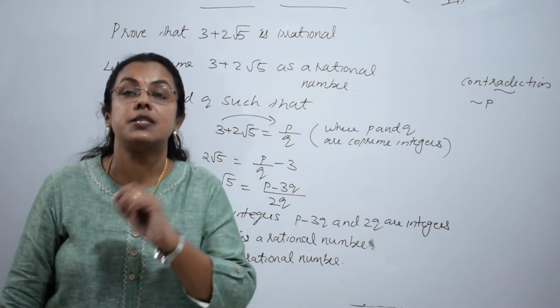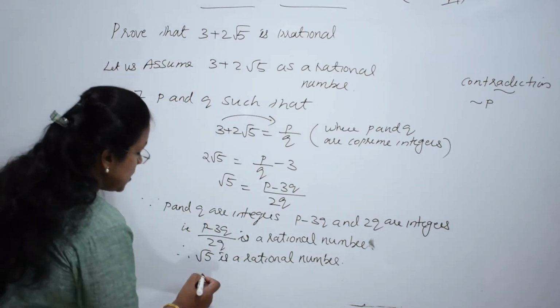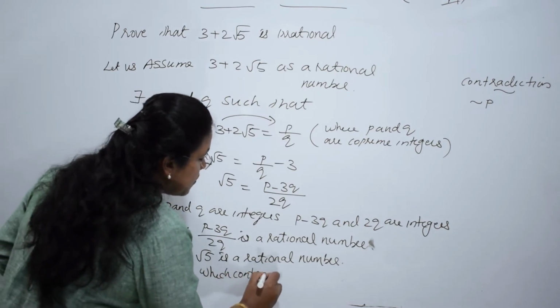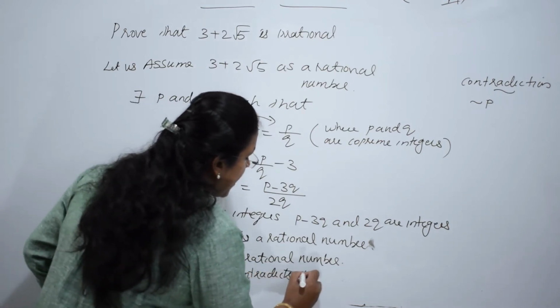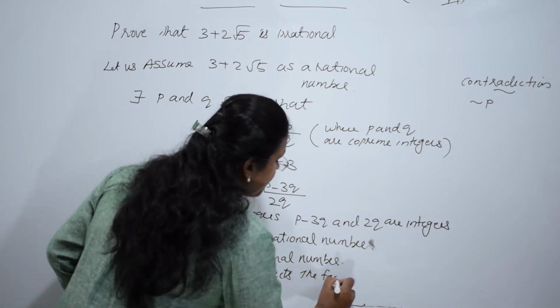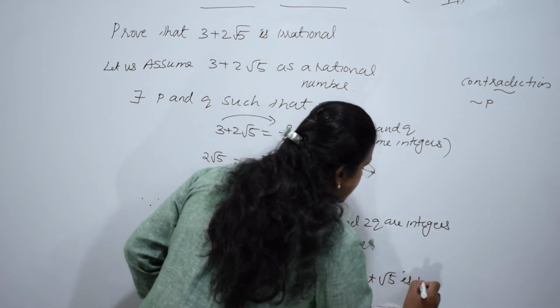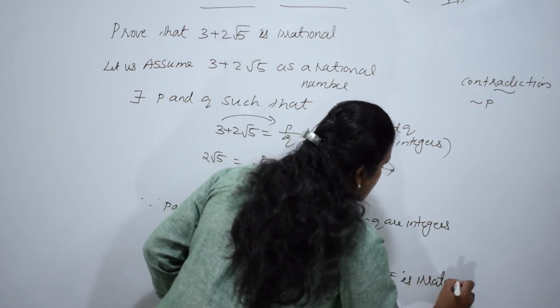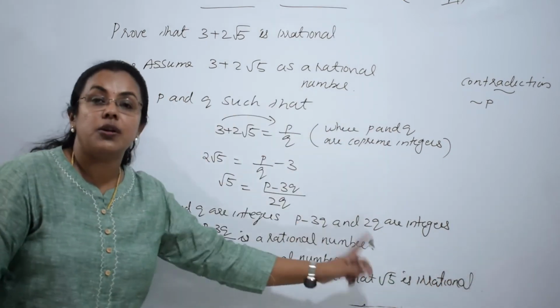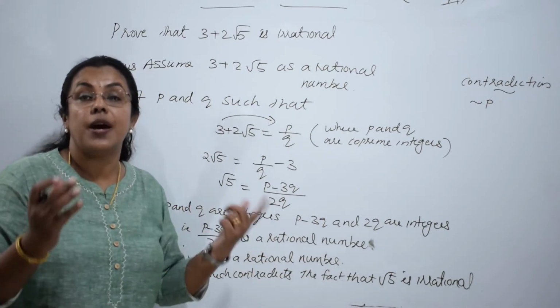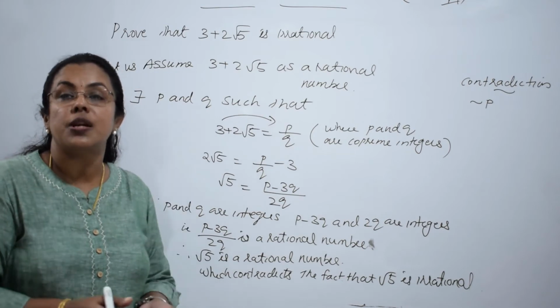but this contradicts the fact that root 5 is irrational. We know root 5 is an irrational number. We get root 5 as rational, which contradicts the fact that root 5 is irrational. That means where is the mistake? Our assumption is wrong.